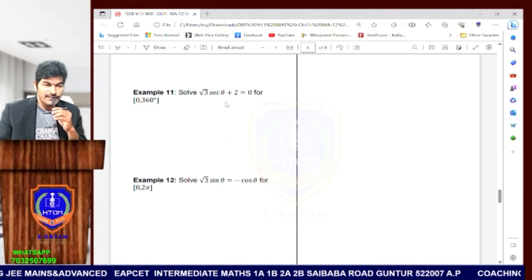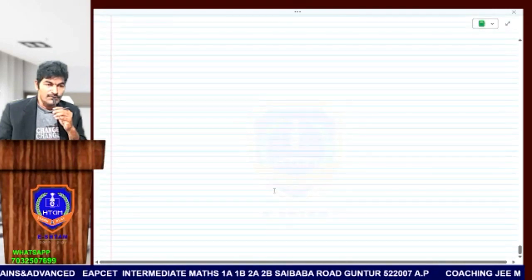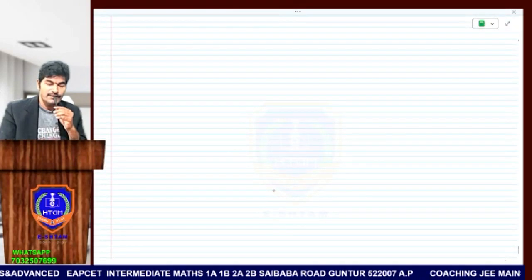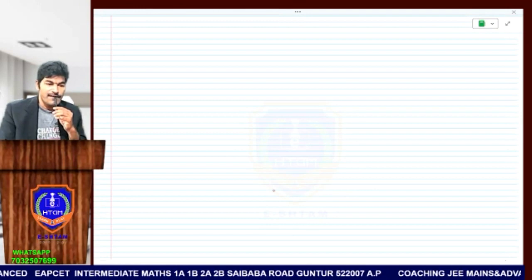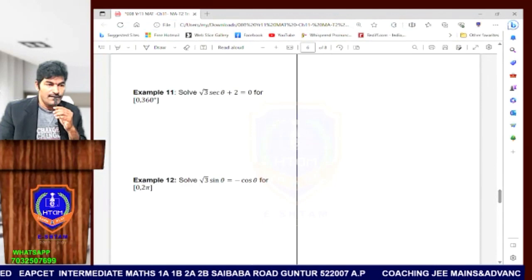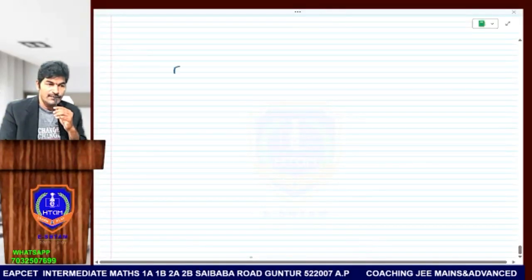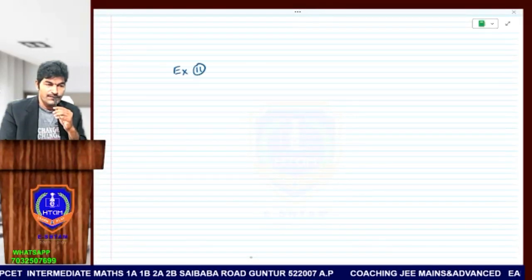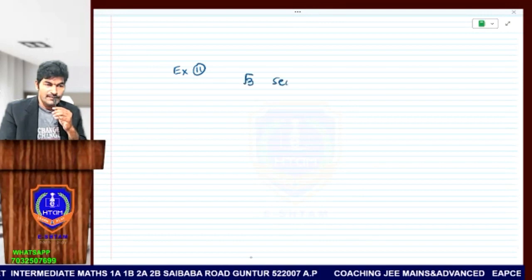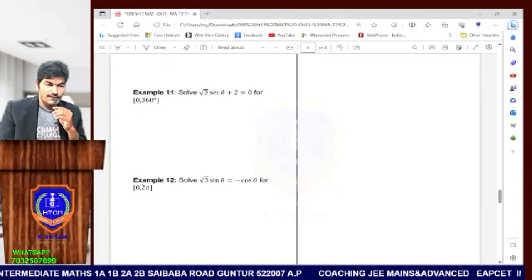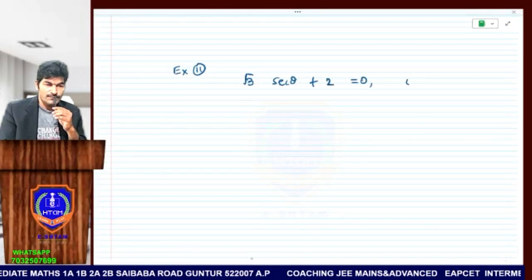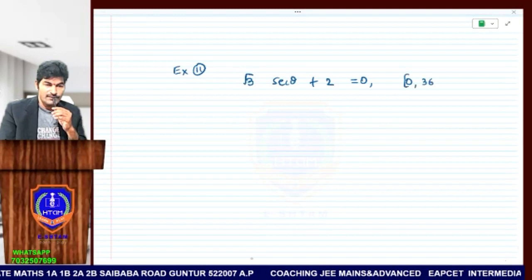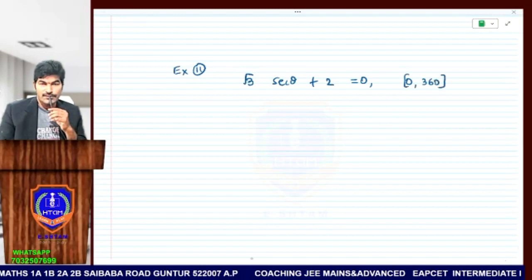Solve root 3 secant theta plus 2 equal to 0, between 0 to 360. You have to identify the solutions in the range of 0 to 360.